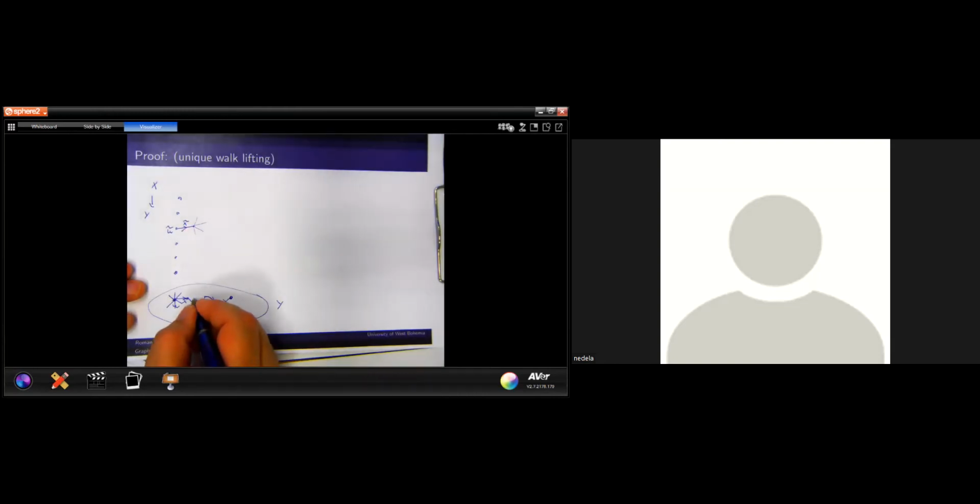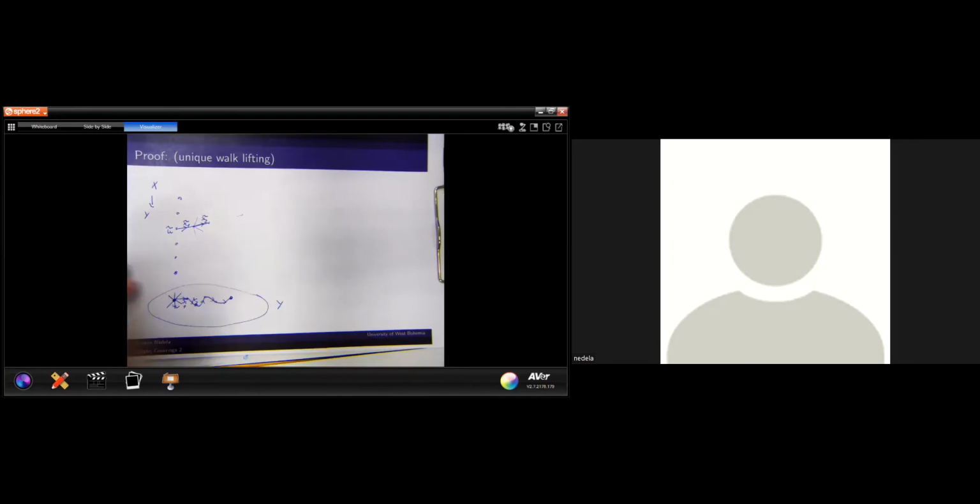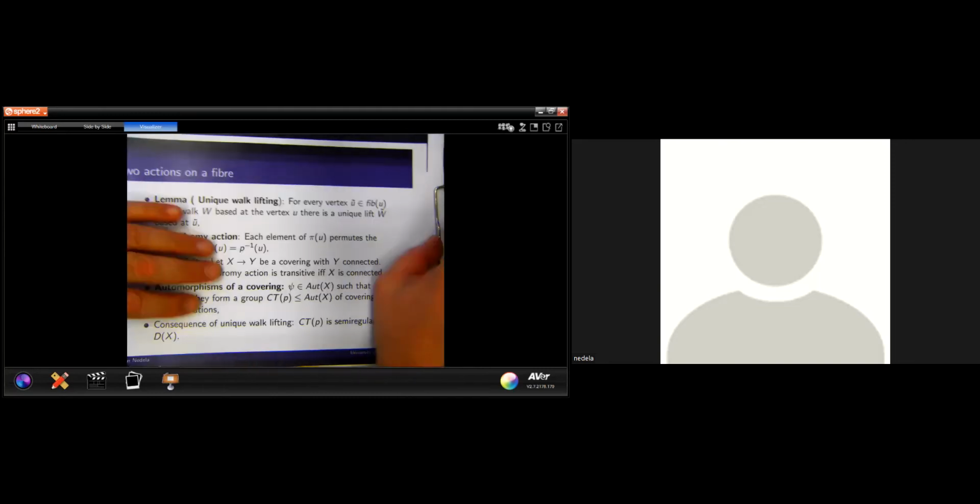So if this is x1, and if here is x2, then there is exactly one way to continue, and so on and so on. So it is more or less an easy statement, but it has several interesting consequences. And here there are some of them.